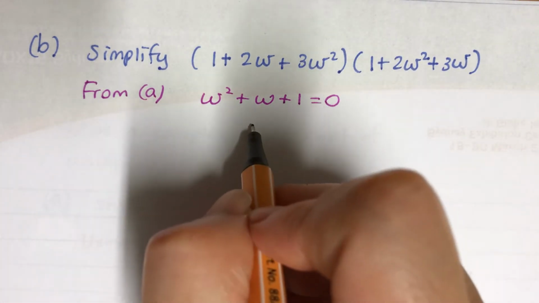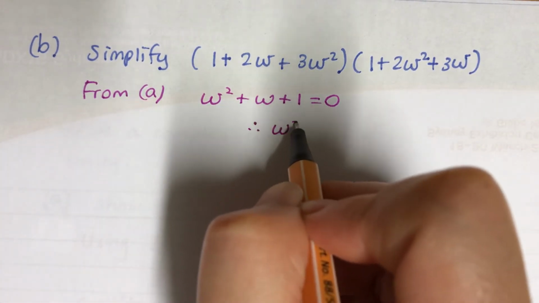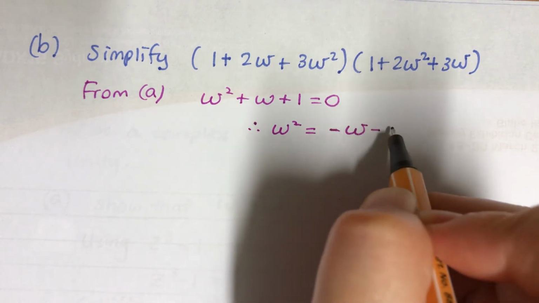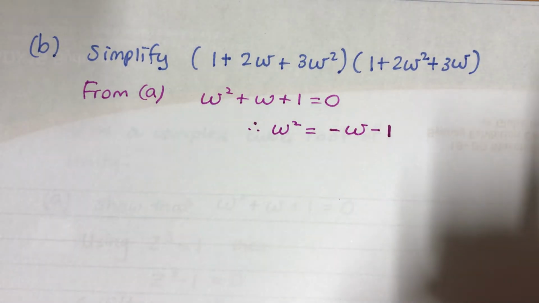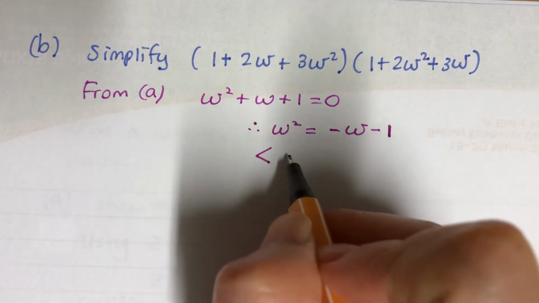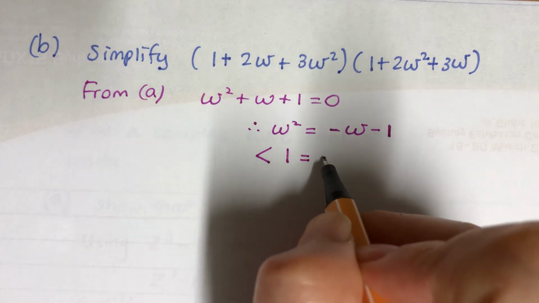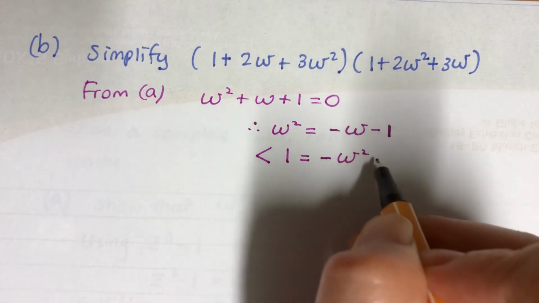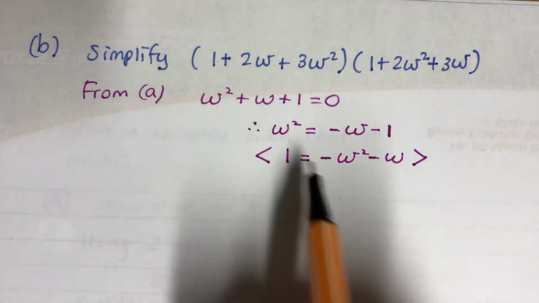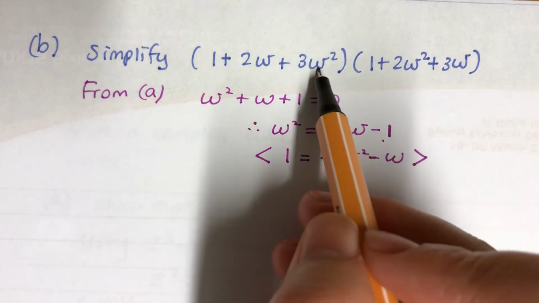So we can say, therefore, omega squared equals minus omega minus 1. Or also, 1 equals minus omega squared minus omega. We're going to substitute this into here and here.